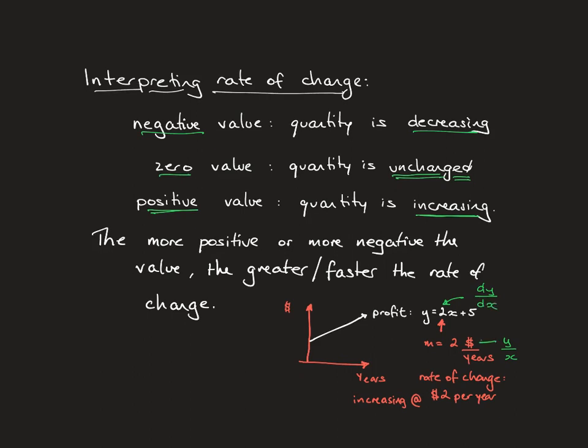Our y value units go on the top, our x value units go on the bottom. If you wanted to describe the rate of change for this function, you'd say that it is increasing at $2 per year. Our rate of change units are always said as y units per x units. So if you've got meters cubed up here and years here, it would be meters cubed per year.